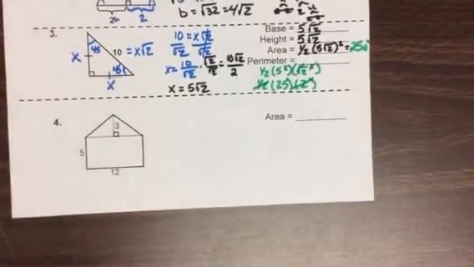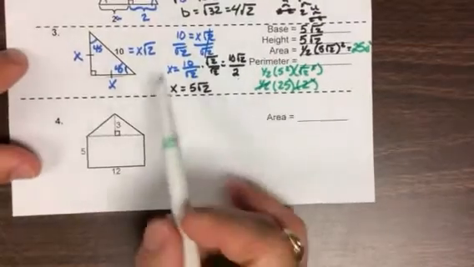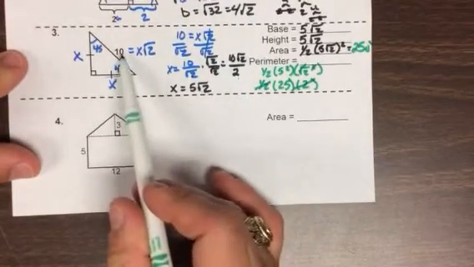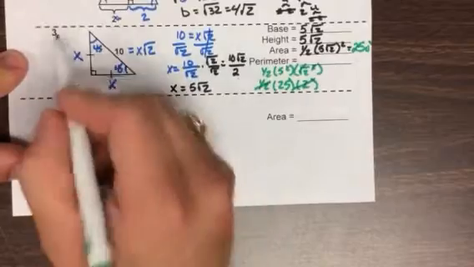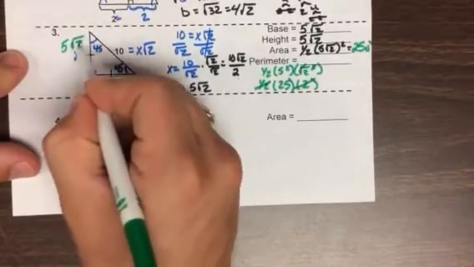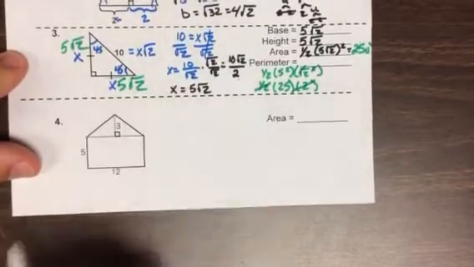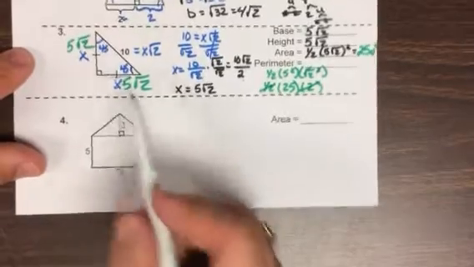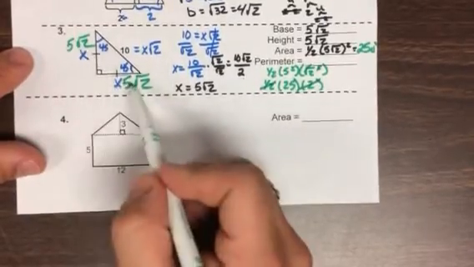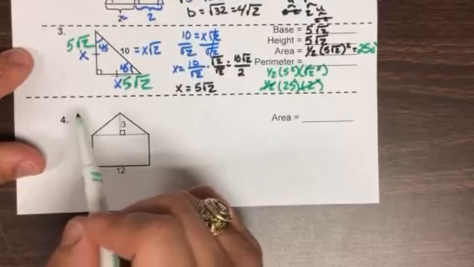Perimeter. Perimeter is going to be the 3 sides added together. Well, we know that we have 10, and we know that we have 5 radical 2 and 5 radical 2. Well, if I add 5 radical 2 and 5 radical 2, I end up with 10 radical 2.